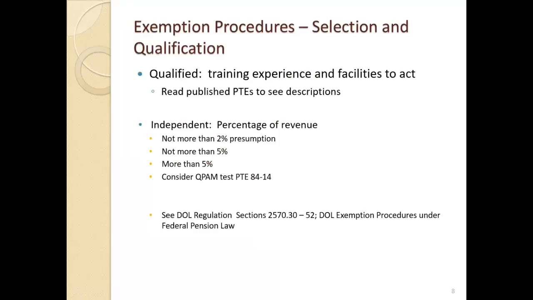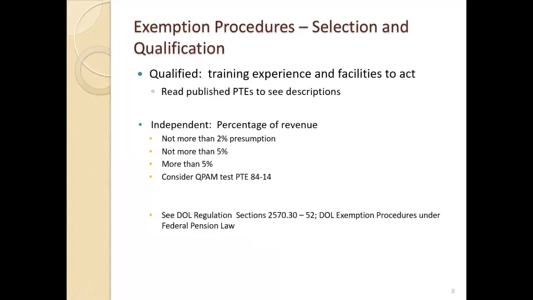And when you read a lot of the published exemptions, they don't really have an elaborate definition of qualifications anywhere or guidance, other than when you look at the exemptions themselves that have been granted, and you can see the parties from the transaction, it becomes self-evident. You can see how that fiduciary fits into a particular situation and why they were approved by the DOL.